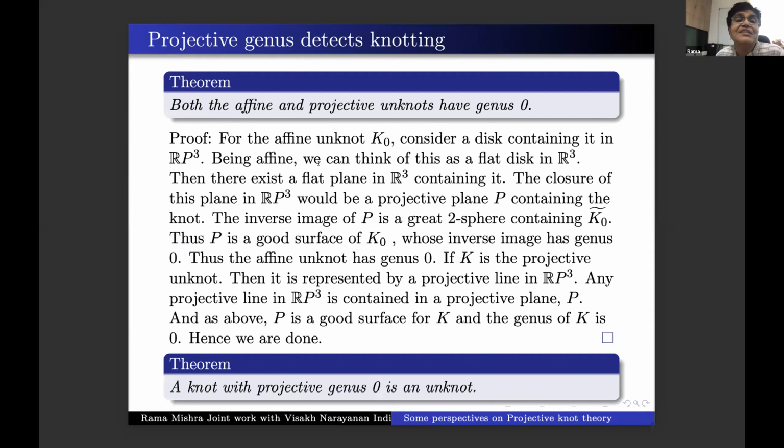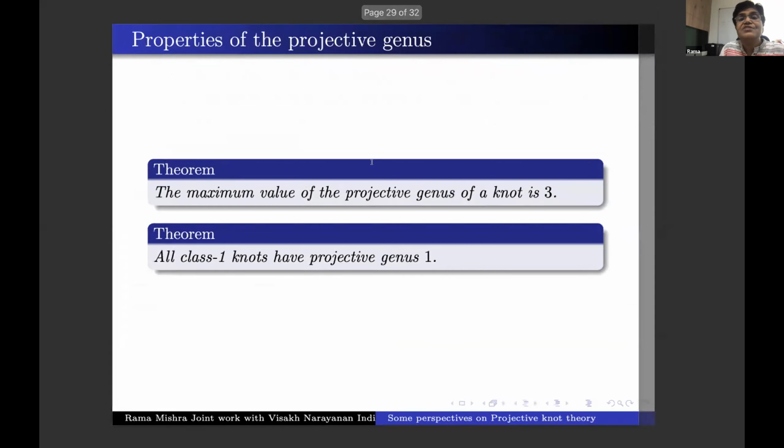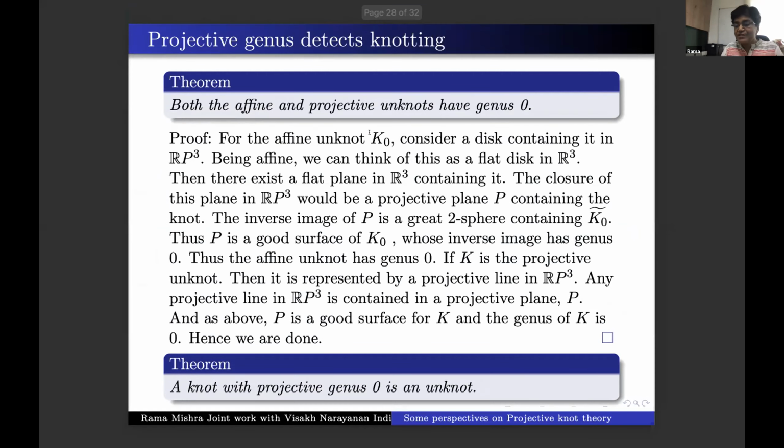The projective plane serves as a good surface, and its inverse image is going to be a sphere, and its genus is 0. So both unknots have genus 0, but even the converse is true. If projective genus is 0, then such a knot has to be one of the unknots.